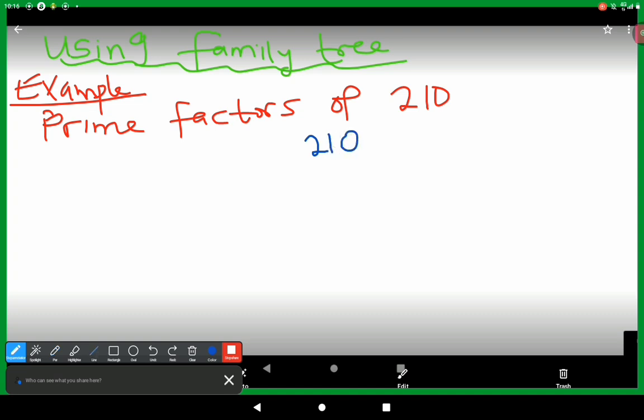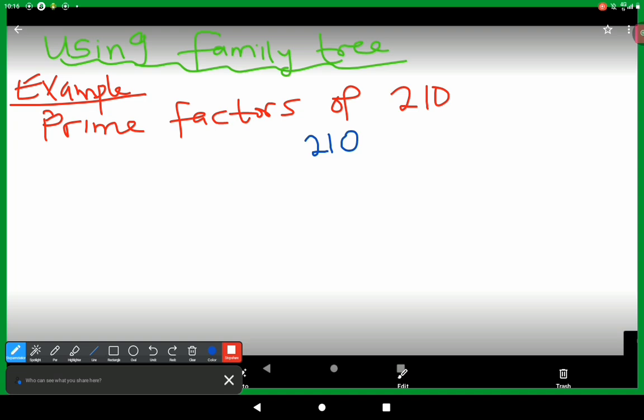Now, you think of two numbers you can multiply together that will give you 210. Don't care whether the number is a prime number or not. Just think of any two numbers you can multiply together to get 210. In short, find the product of 210.